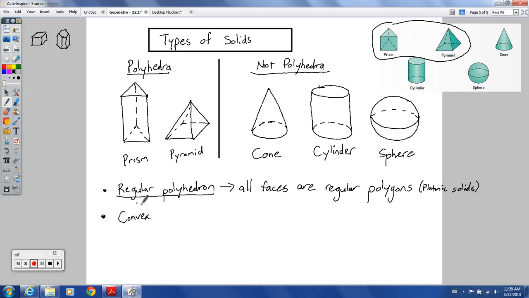But let's also define a couple more terms here. Convex polyhedron. Just like we have a convex polygon, the idea is really the same here. There's no parts that are caving in on themselves.